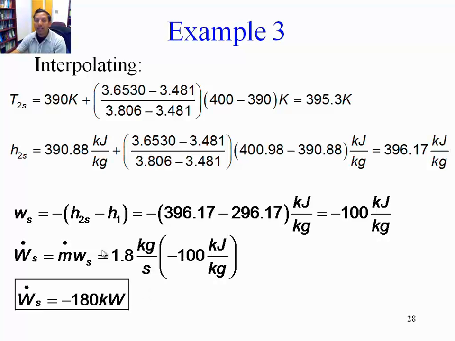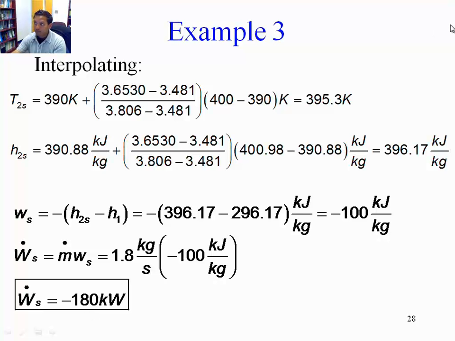So ideally, this compressor will require 180 kilowatts of power input in order to raise the pressure of 1.8 kilograms per second of air from 1.05 bar to 2.9 bar. Negative, obviously, because it's power input. But that's the ideal situation.